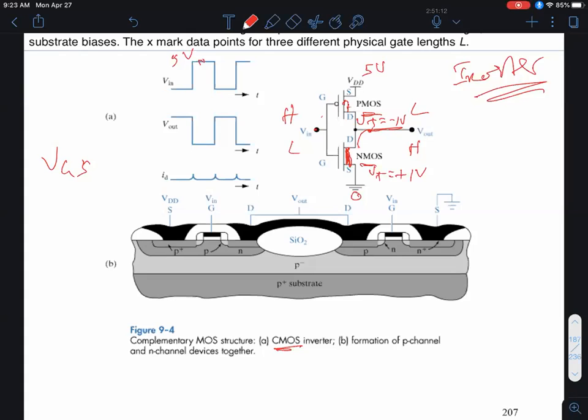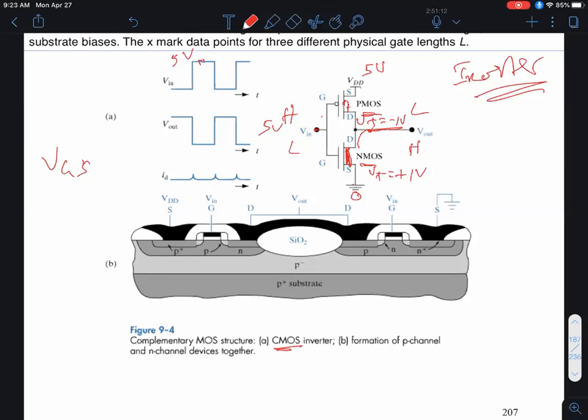Now, what is the gate to source voltage if I hold the input at 5 volts? For the NMOS, that was 5 volts minus 0. You always measure all your voltages with respect to the source.